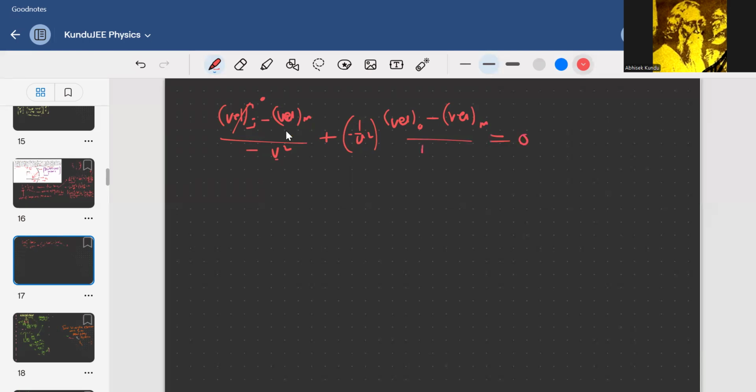So right now, what is the velocity of mirror? We have to find out that one.